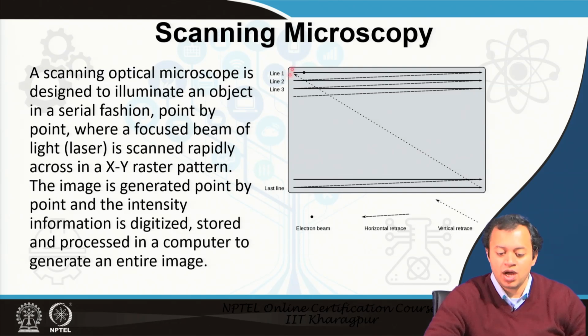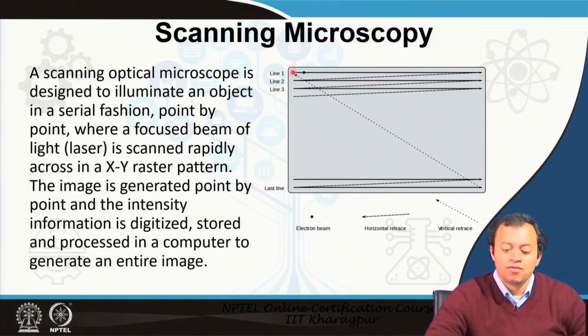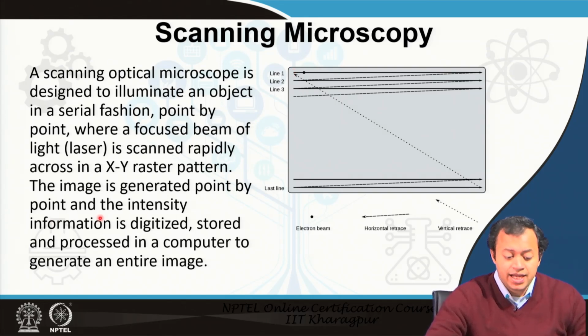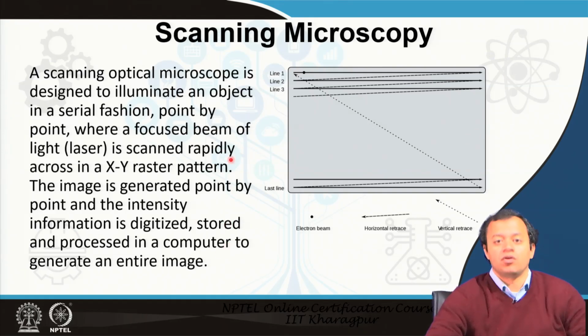So, this is y, this is x direction, and you will move your laser pointer very rapidly in this particular direction, and then you take an image from each single point. So, you can think of it as pixelated, at each single pixel. You can get the information digitized, store and process it in a computer to get the whole information.